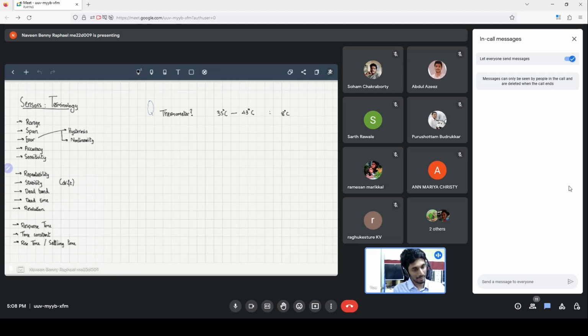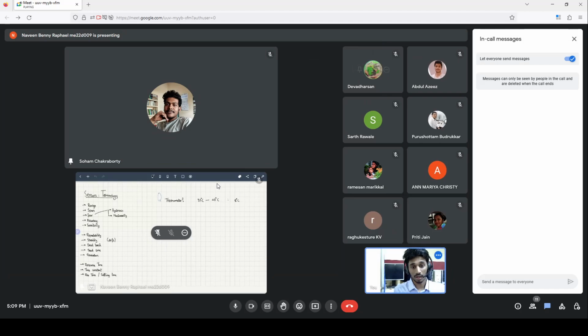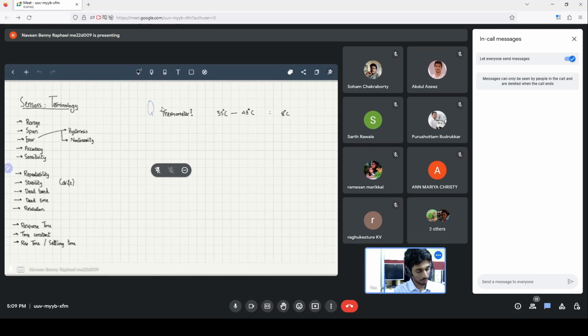Dead time is the short period of time for which the output does not respond. Given an input, it takes the output some time to catch up. For example, if you try to draw a graph of the input, say we give an input at this time, the temperature need not rise immediately.